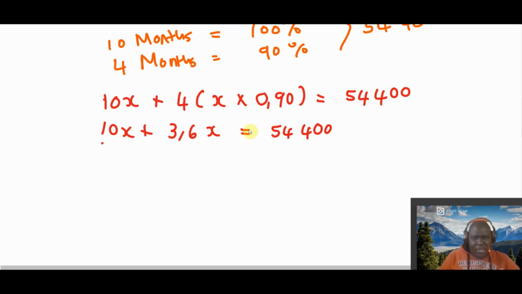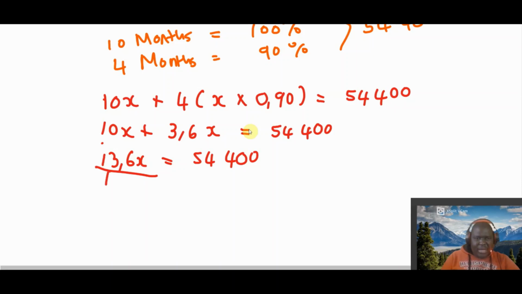So then we would have 13.6x is equal to 54,400, and from there we divide both sides by 13.6.